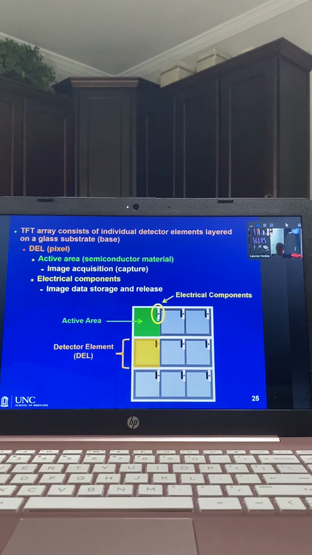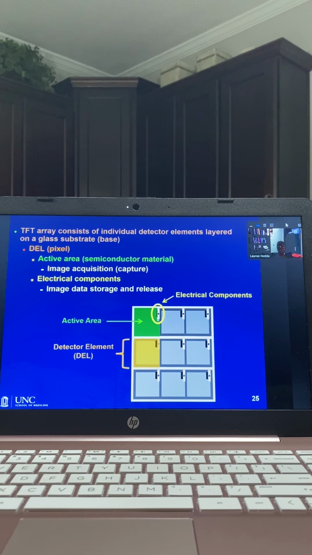So what do you need to know as far as this detector is concerned? Well, you do need to know that what we call the thin film transistor array, that's the electronics. It consists of little individual detector elements layered on glass. I just showed you in that previous diagram that the glass substrate is the bottom layer, and then you have a layer of electronics.